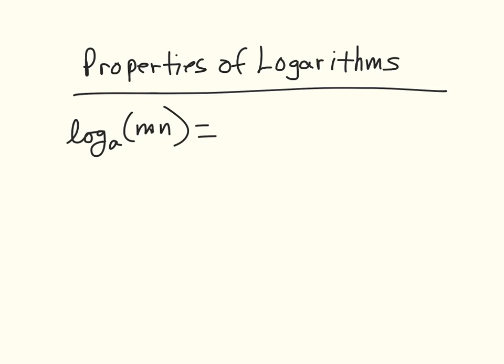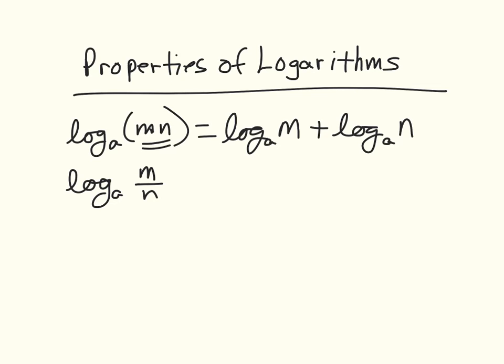And the property says that if you're multiplying over here, then you can add the individual logarithms. Here's what I mean. This is equal to the log of m base a plus the log of n base a. So when you have the log of a product, that equals the sum of the logs.